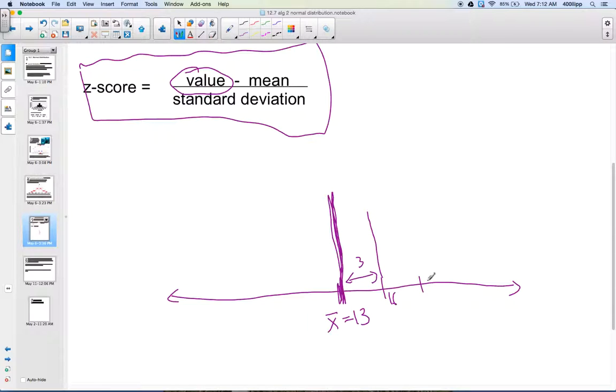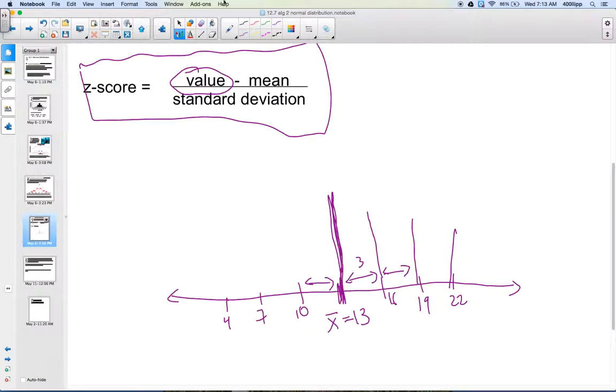Add another 3, and 16 plus 3 is 19. Plus another 3 will be 22. Then for our next ones, we go down 3 hours, so 13 minus 3 is 10, then 7, and 4.